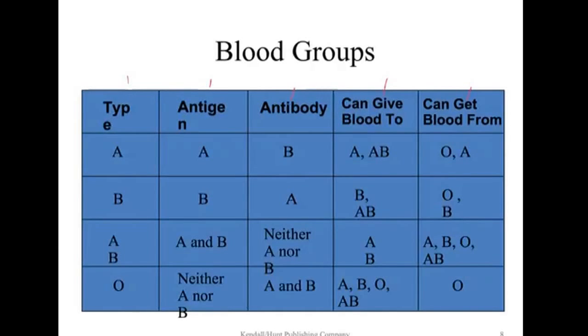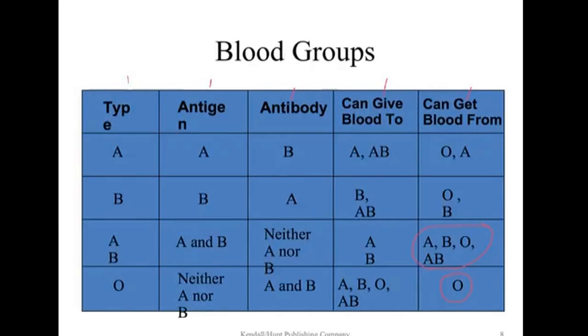Blood type A can give blood to A or AB types, but cannot get it from B or AB. Just an interesting little note there. I do expect you to have a little bit of this known, so who can get what type of blood is a good thing to know. The big ones: type O is considered a universal donor, and blood type AB is our universal recipient.